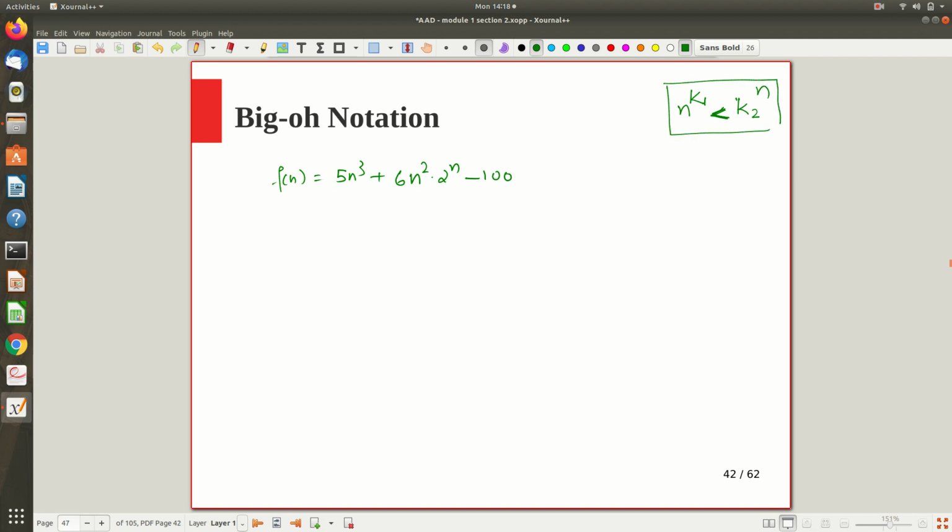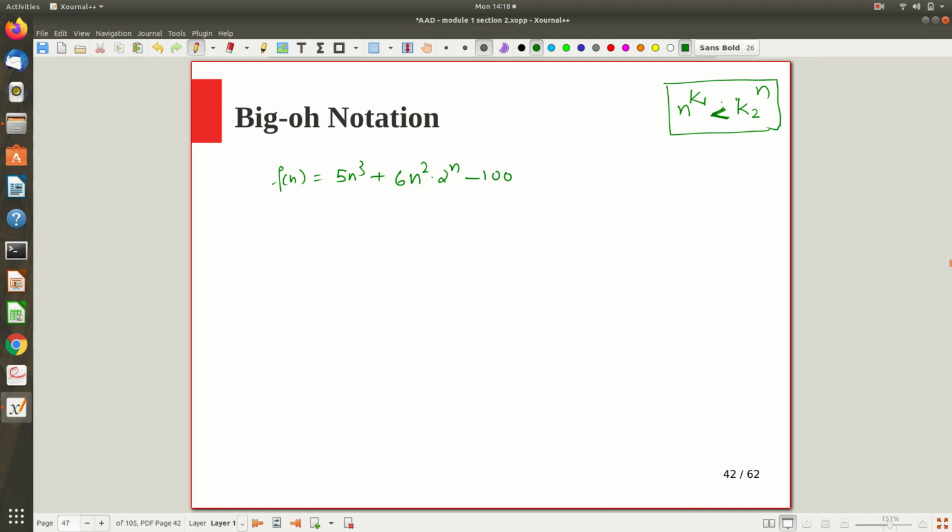What is happening here is that n is getting multiplied some constant number of times. N raised to k1 means n into n into n, k1 times. Here the constant is getting multiplied n number of times. As you know, n is a variable. How big is this n? That many times the constant will get multiplied, right? But n is getting multiplied only some constant number of times. That is why this value is smaller than this.